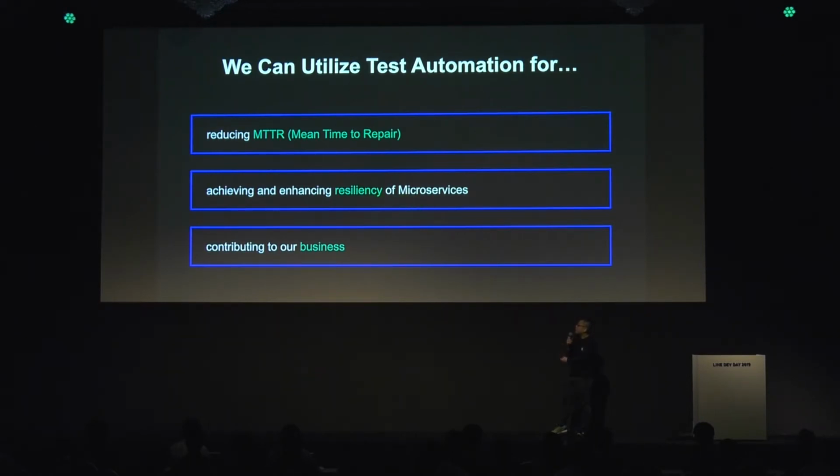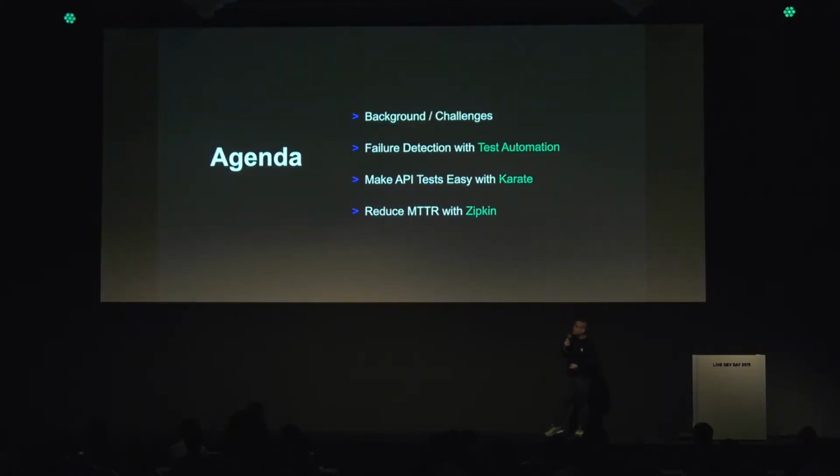Number two is achieving and enhancing resiliency of microservices. And number three is the most important, that is contributing to our business. So through test automation, improving quality is not the only objective, but we need to always think about contributing to the business.